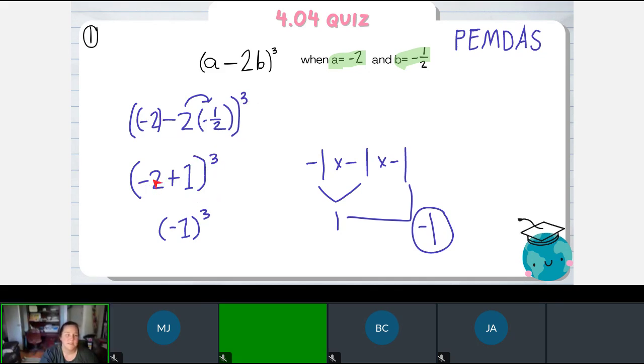Then you do what's in parentheses. -2 plus +1 is -1. And then the exponent tells you how many times you multiply this number by itself. So I did that right here 3 times. -1 times -1 times -1 is -1. But the second 2 is positive.